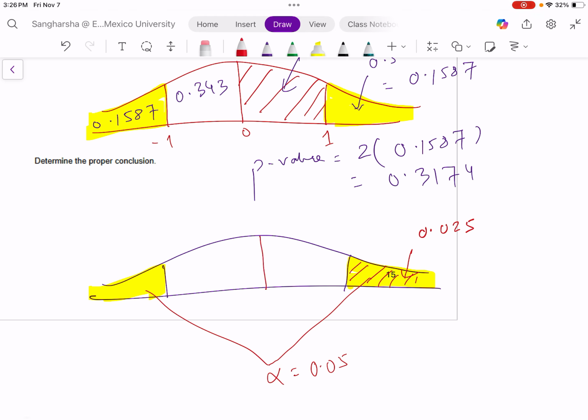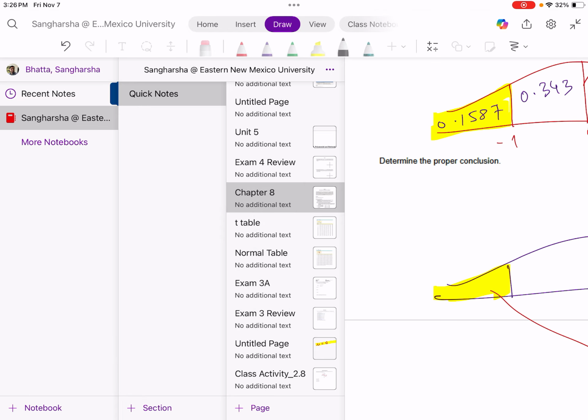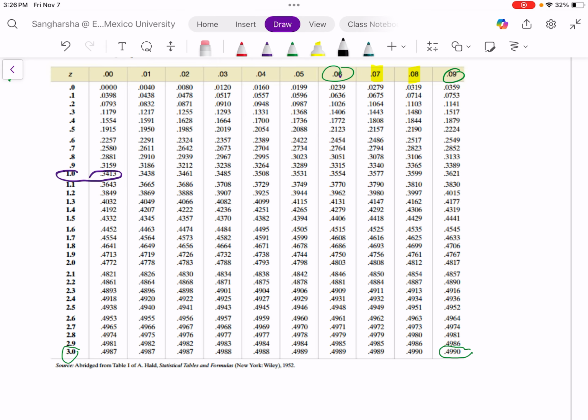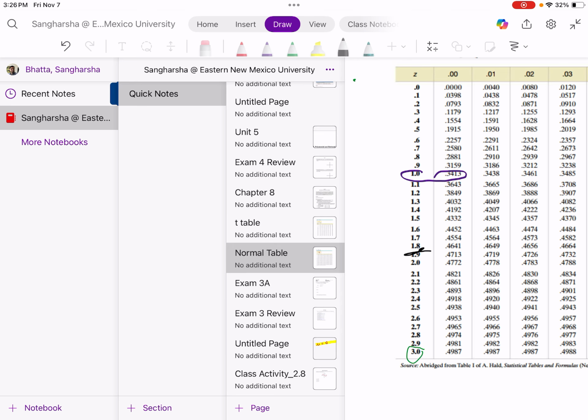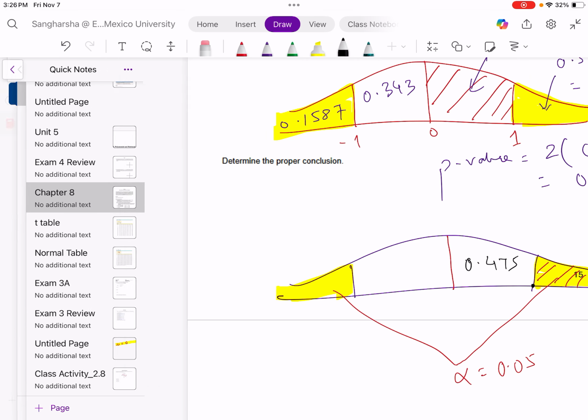Now let's find the z for this point. This area would be 0.5 minus 0.025, which is 0.475. Now use the z table: for 0.475, the corresponding z is 1.96.